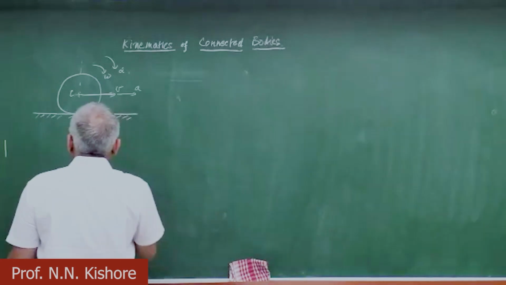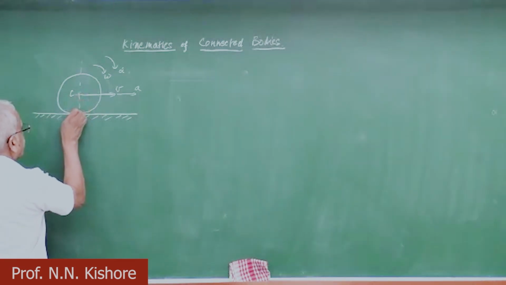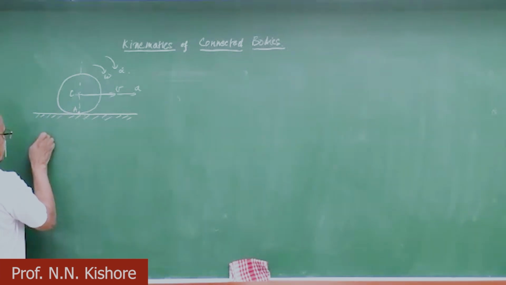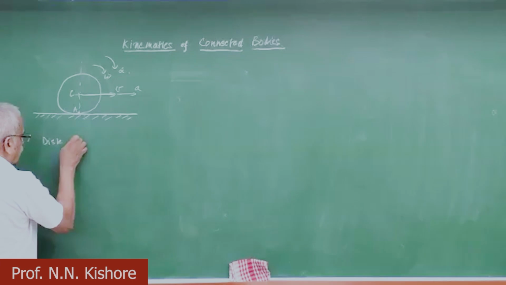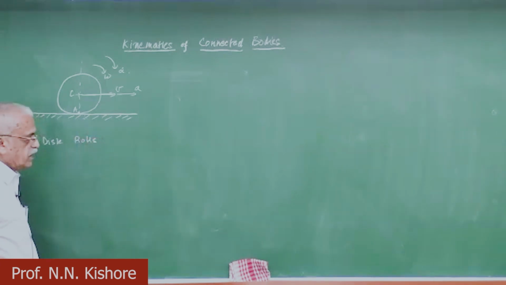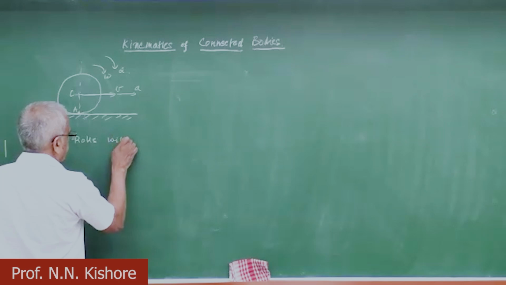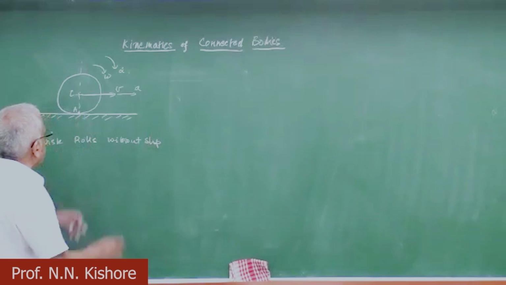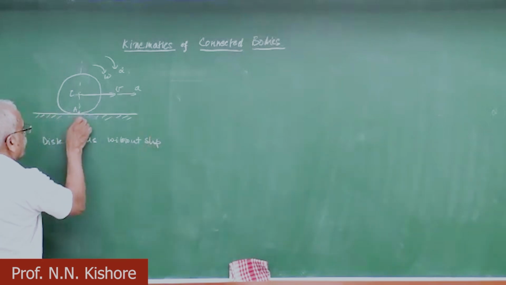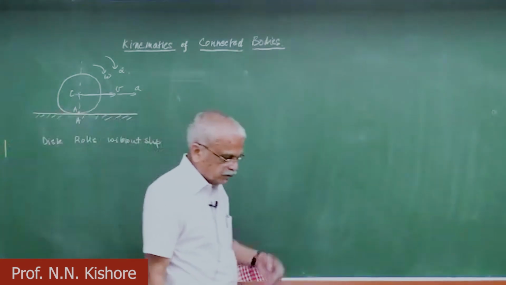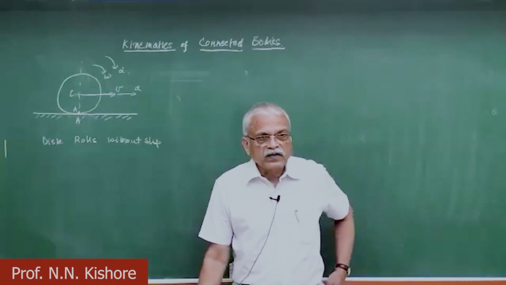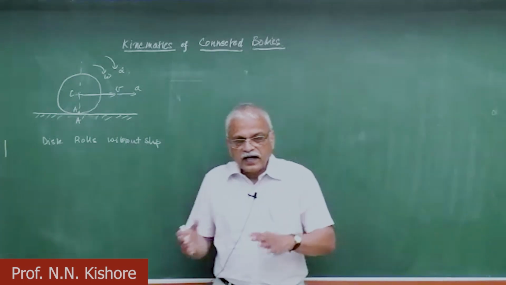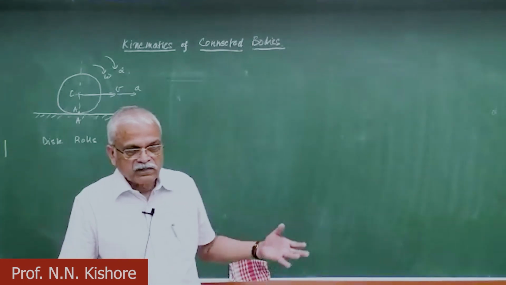Okay, so one of the things that usually is given, for example, for point A here, is the constraint that the disk rolls without slip. Without slip means that, for example, if you have two points here, A and A prime, and A prime is on the ground and A is on the wheel, then the velocity of A and velocity of A prime are the same.